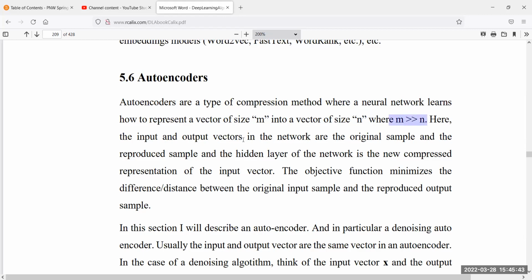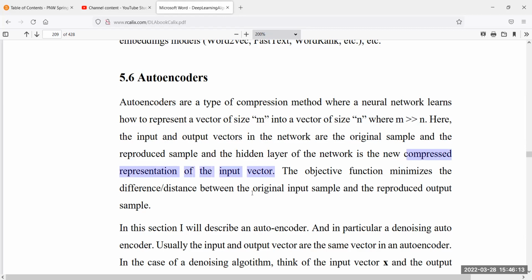Here, the input and the output vectors in the network are the original sample and the reproduced sample, and the hidden layer of the network is the new compressed representation of the input vector.